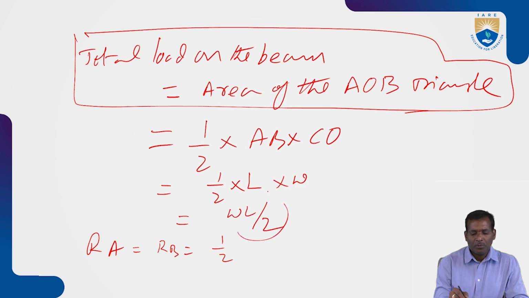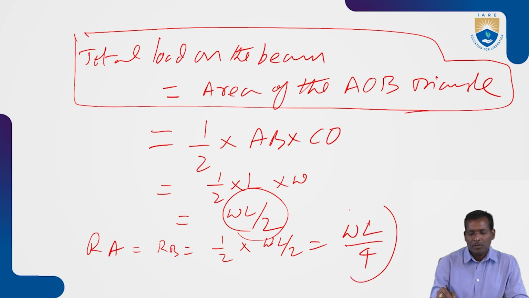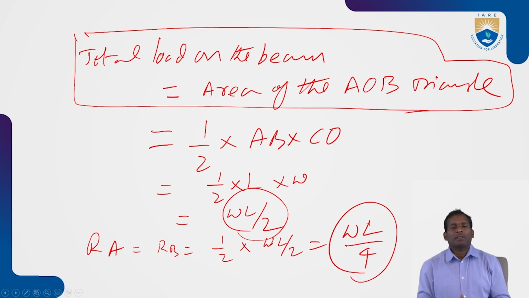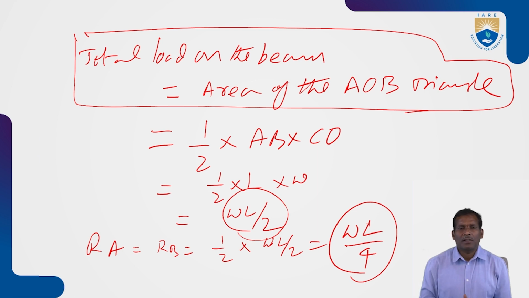The total load is WL by 2, so half of WL by 2 is WL by 4. So the support reaction forces RA and RB have magnitude equal to WL by 4. Now we have calculated RA and RB.